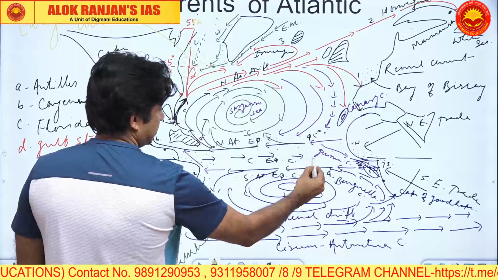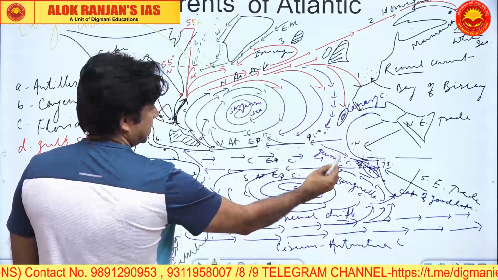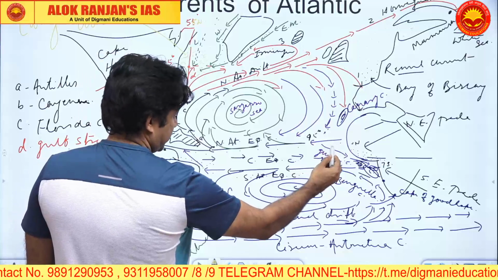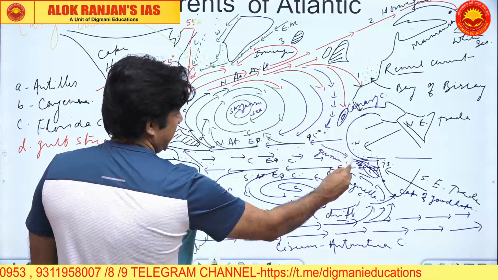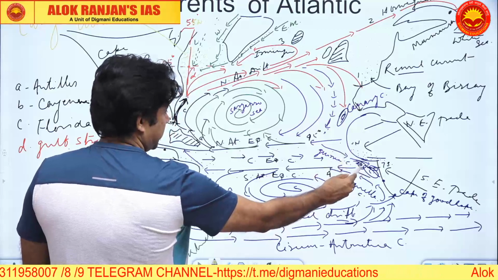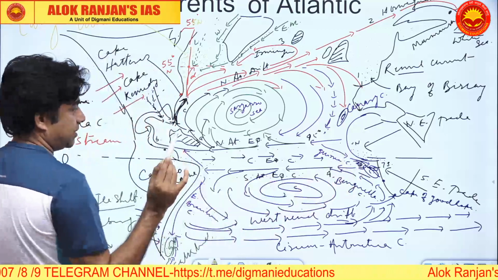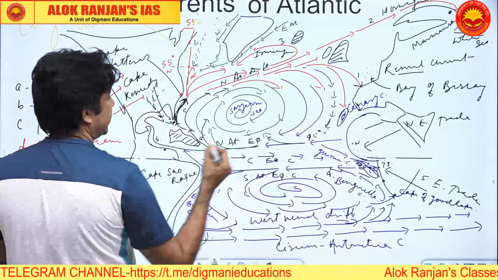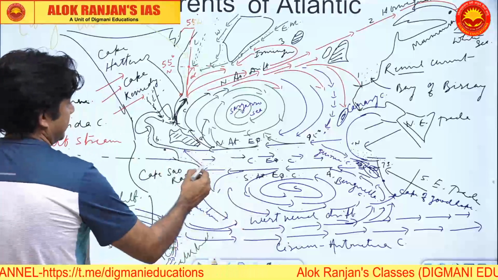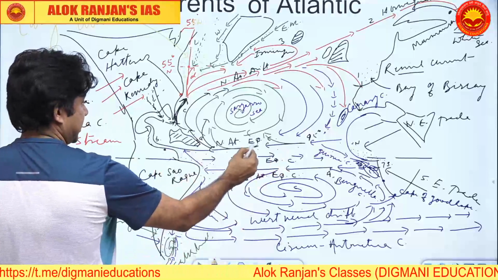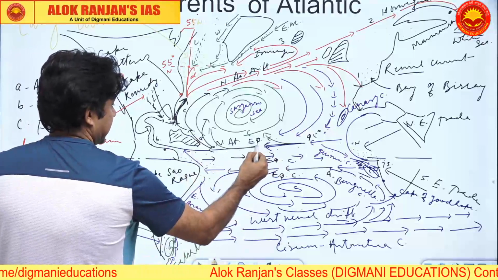Here we have Guinea current, which is part of compensation, which flows for the sake of compensation. This is a warm current. It enters or superimposes the south equatorial current, so this Guinea current will also be part of the equatorial current. Now the north equatorial current here.